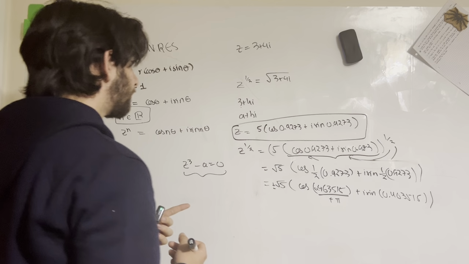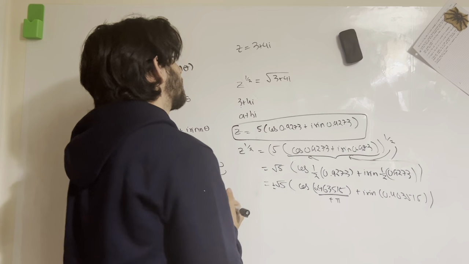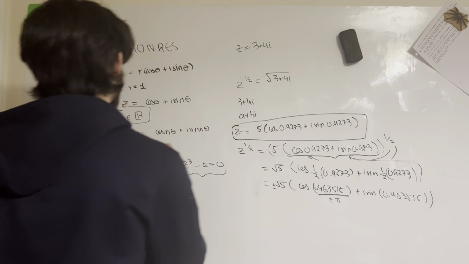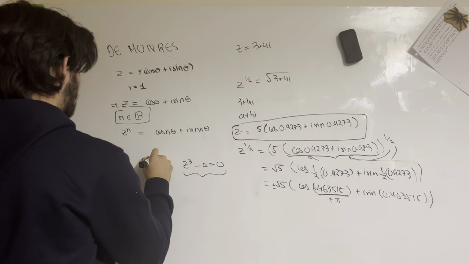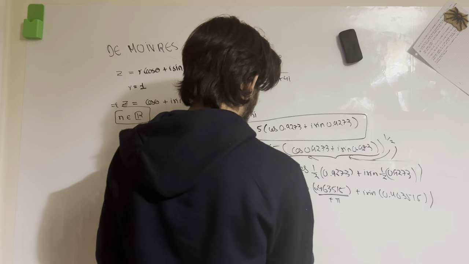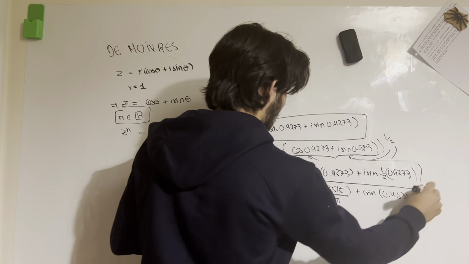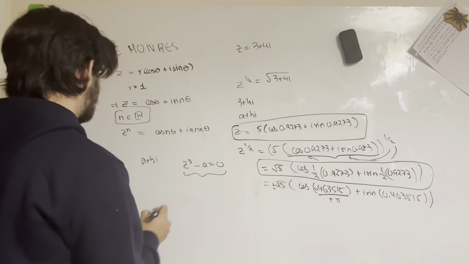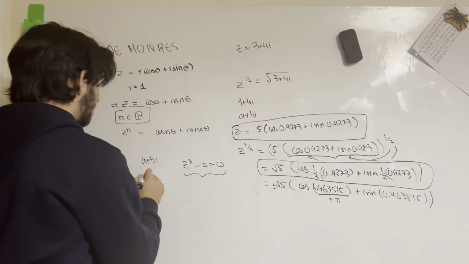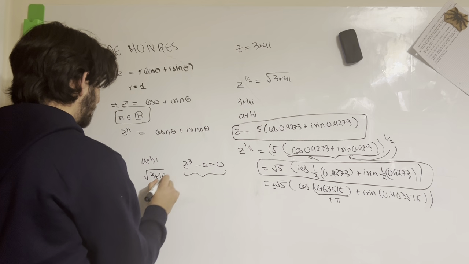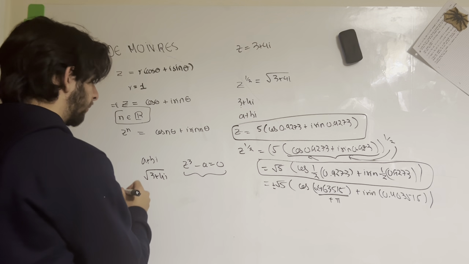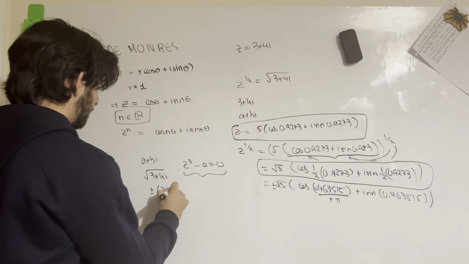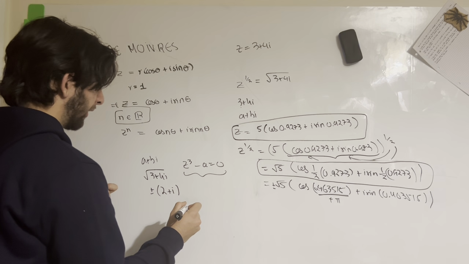Also, the nice thing about this is that you can get your answer in a plus bi form simply by inputting this into your calculator, and then that sort of gives you your answer where, if I recall correctly, the square root of 3 plus 4i has two solutions, plus or minus 2 plus i, if I remember correctly.